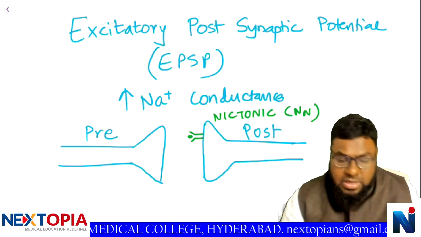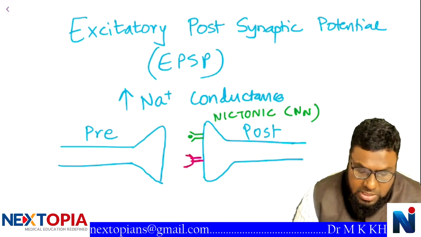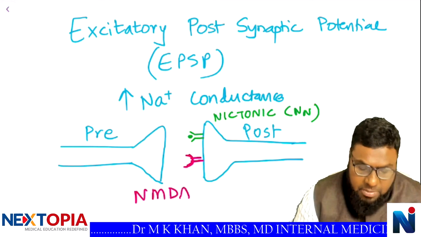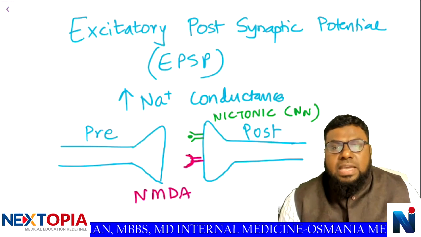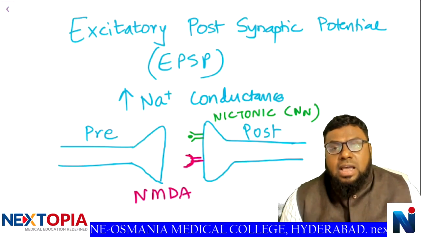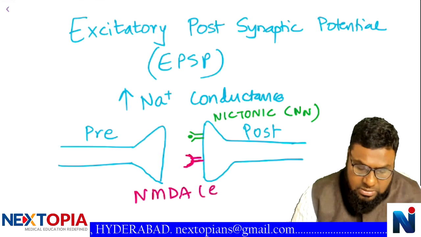This is one type of receptor. Another type of receptor we have here, you call it NMDA type of receptors. The ligands are excitatory amino acids.